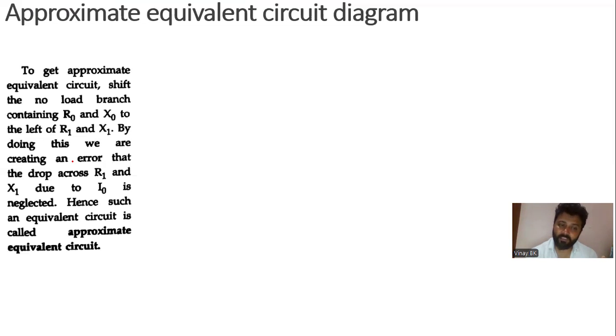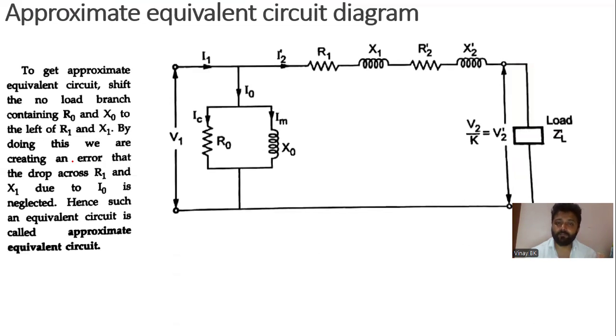That is, the no load drop is neglected. You can see you are shifting. Earlier the R0 X0 was here, referred to primary, so it is shifting to the left of R1 and X1. You can just take a screenshot if you want.